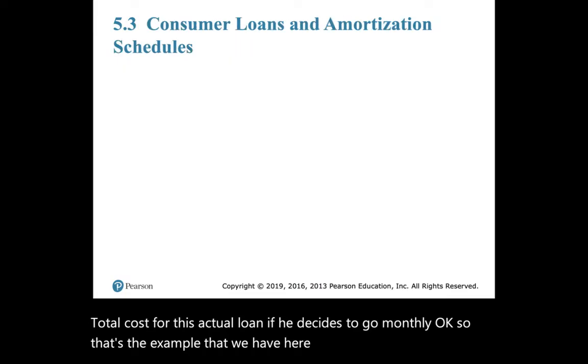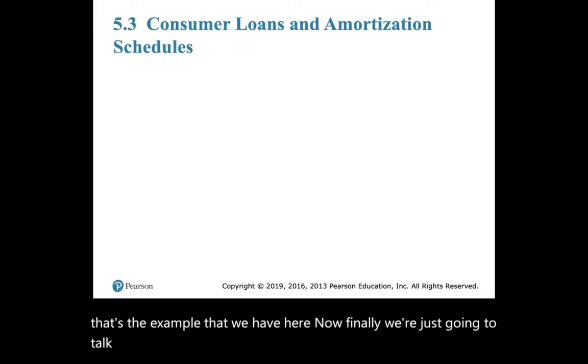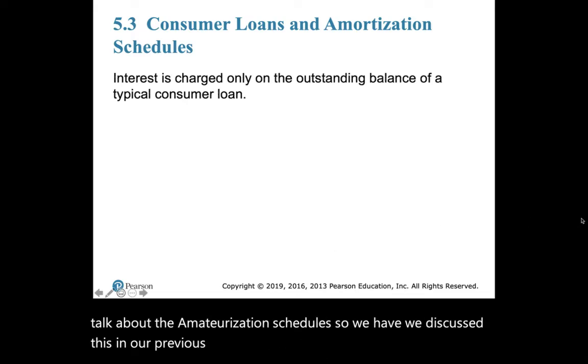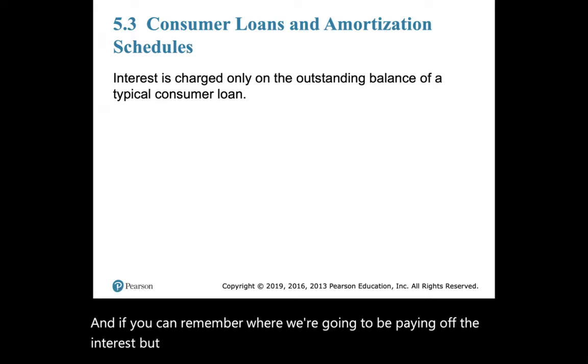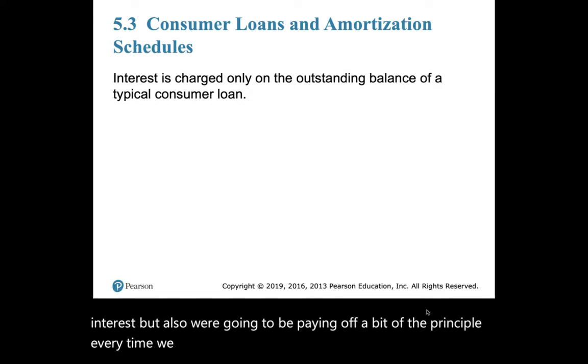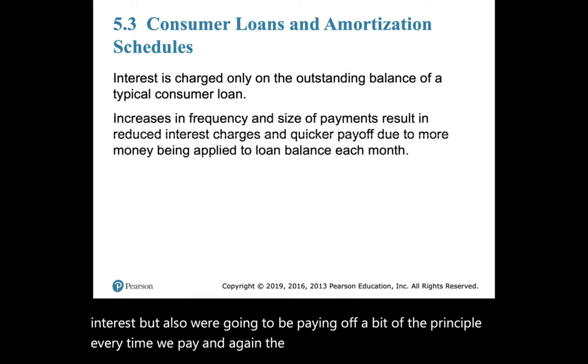Okay, so that's the example that we have here. Finally, we're just going to talk about the amortization schedules. We've discussed this in our previous chapter, and if you can remember, we're going to be paying off the interest, but also a bit of the principal every time we pay. And the rationale remains the same in terms of frequency.